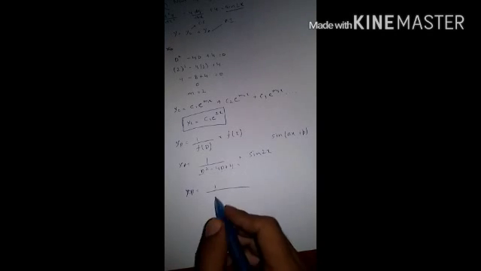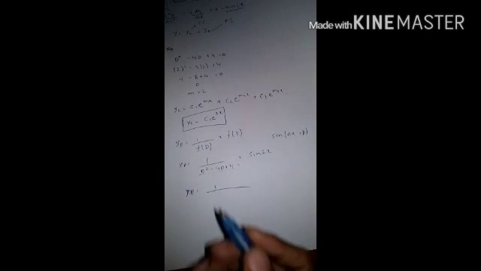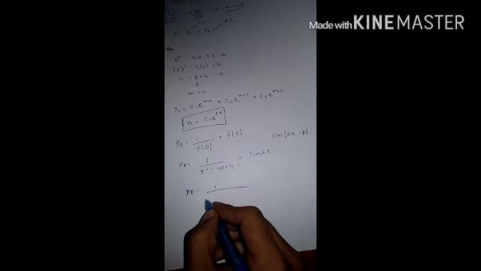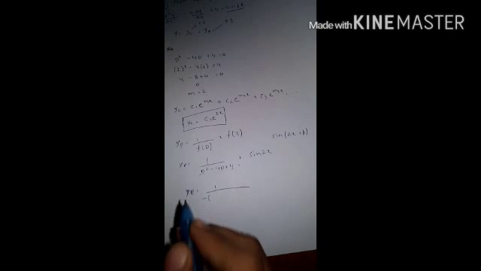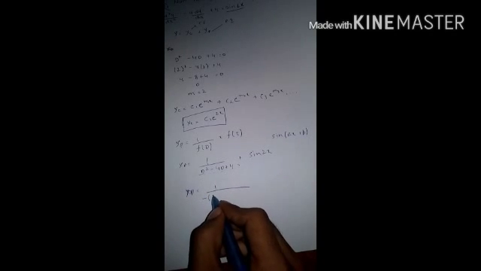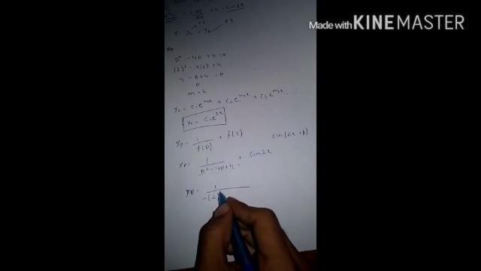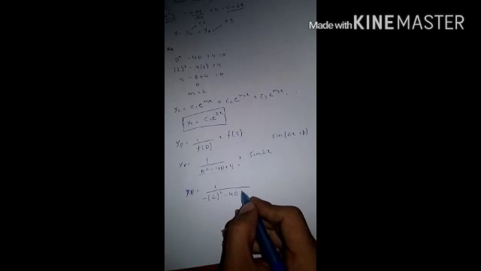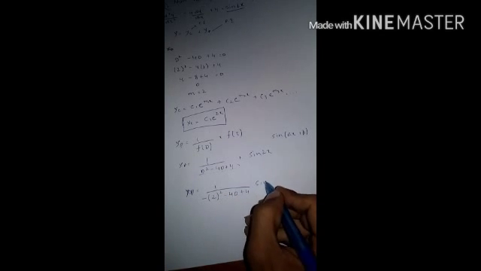If there were not any D square, then we would make it by taking common, but in this case we are simply given, so we'll put it like this: minus 2 square minus 4D plus 4, sine 2x. Remember that the negative sign would be out of the bracket.